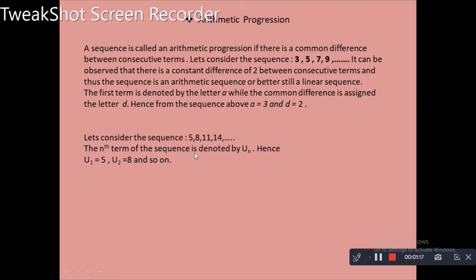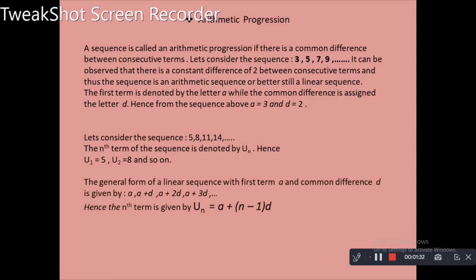The nth term of the sequence is denoted by Un, and hence U1 is 5, U2 is 8, U3 is 11 and so on. Now the general form of a linear sequence with first term A and common difference D is given by this, that is A, A plus D, A plus 2D and A plus 3D.